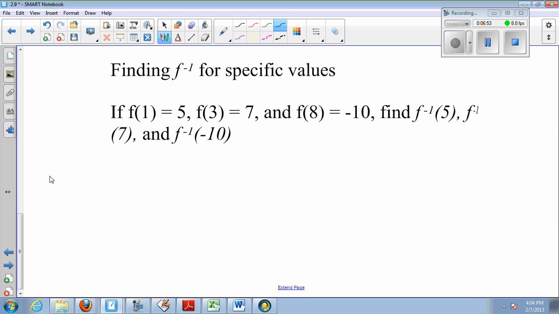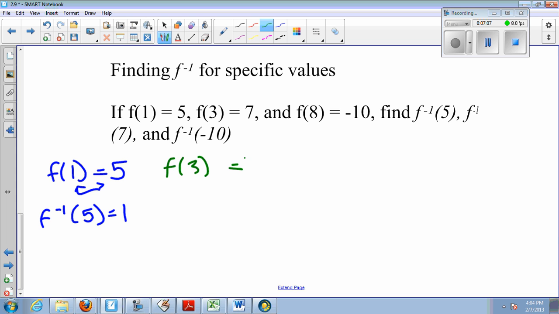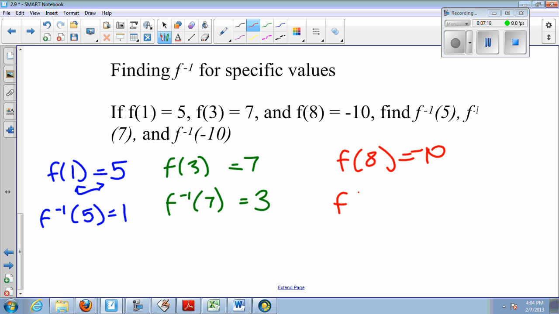For f of 1 equals 5, we switch their placement and we get f inverse of 5 to be 1. For f of 3 equals 7, f inverse of 7 is 3. For f of 8 equals negative 10, f inverse of negative 10 equals 8.